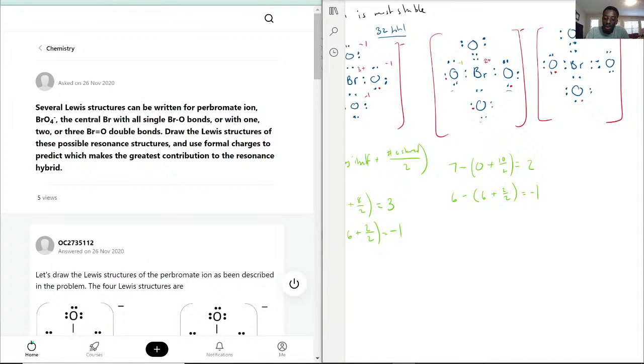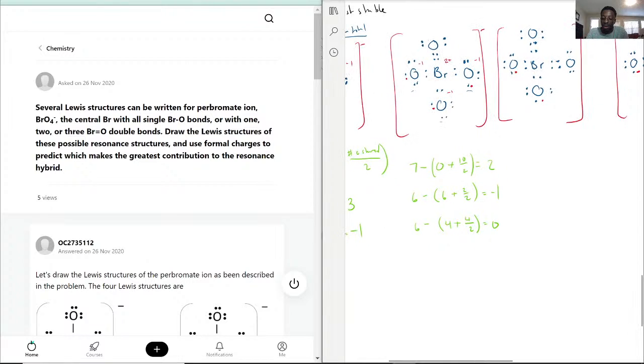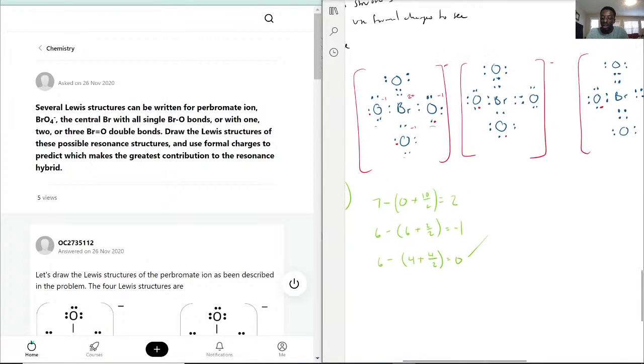So here would be minus 1, minus 1, minus 1. But the oxygen at the top right now has only 4, and it's sharing 4. So this one equals 0. This oxygen here is fine.